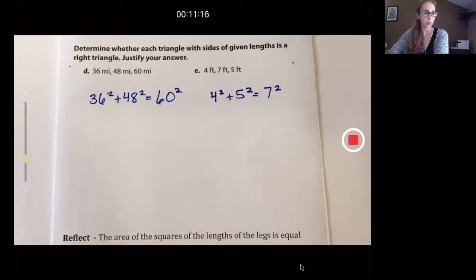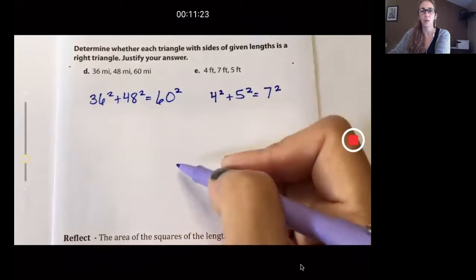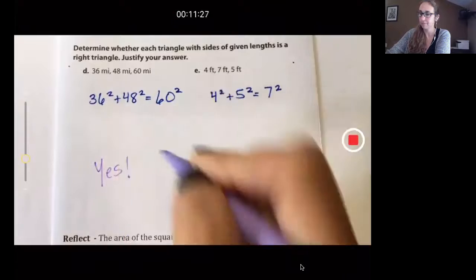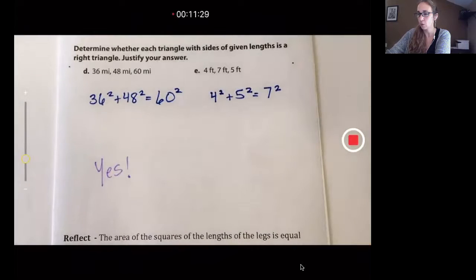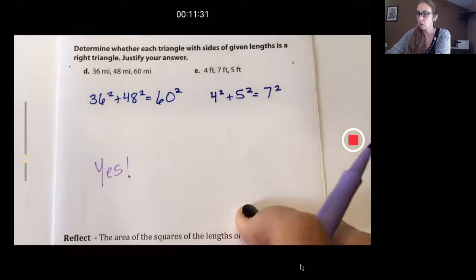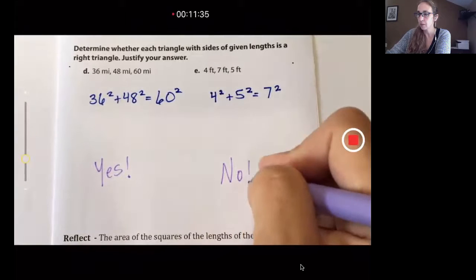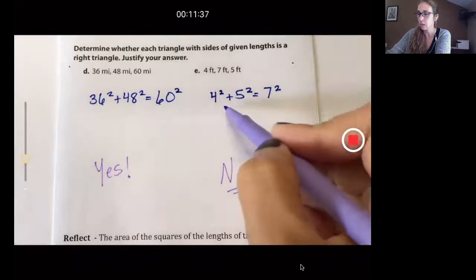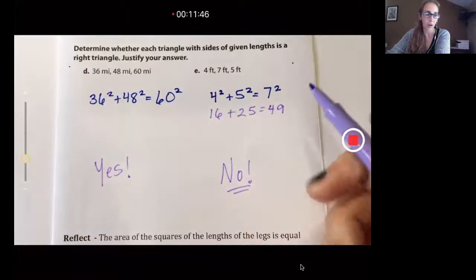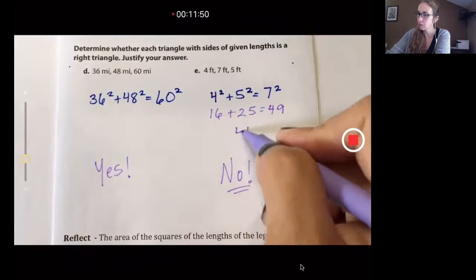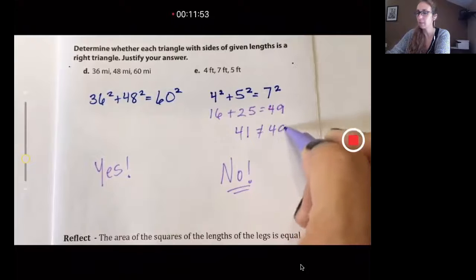So if you work through this one, you're going to find that this is a yes. I hope you got that. Whereas the second one here proves as no. So again, 4 squared is 16, 5 squared is 25, 7 squared is 49. 16 and 25 gives us 41, which is not equal to 49.